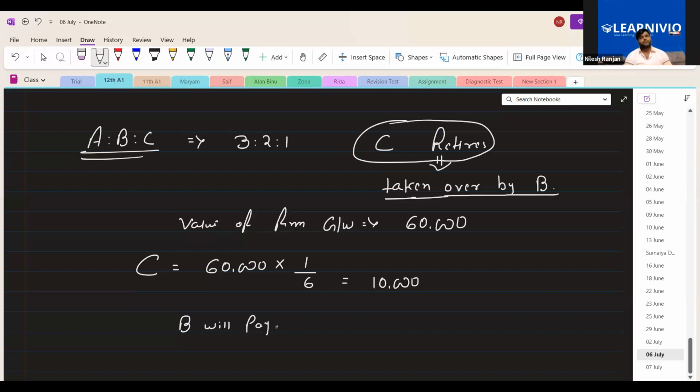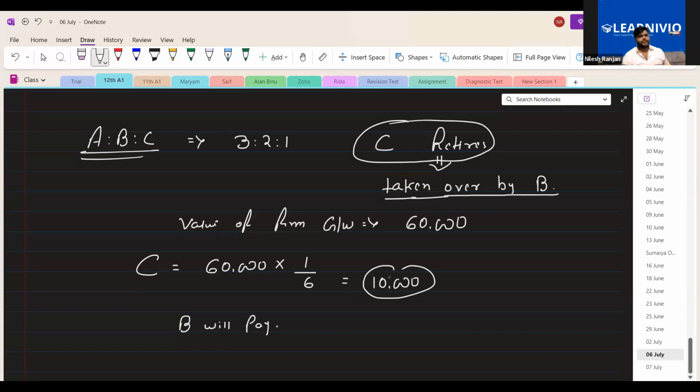It'll be 1/6 times 1/2, and then we will split the goodwill equally. 60,000 into 1/6 is 10,000.